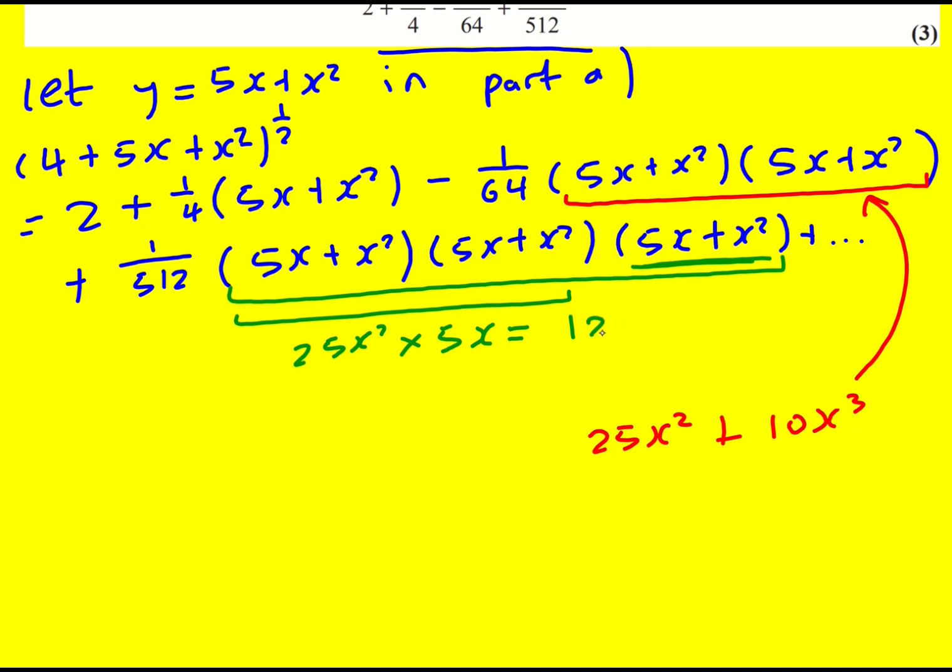So I'm going to get 125x cubed. And all of the terms will have a higher order, so I can ignore them.